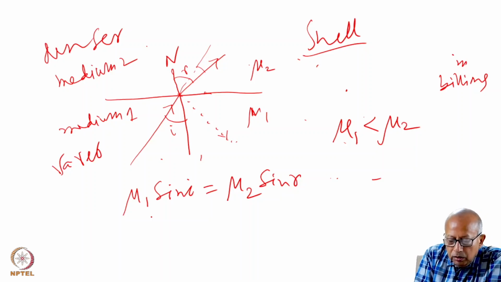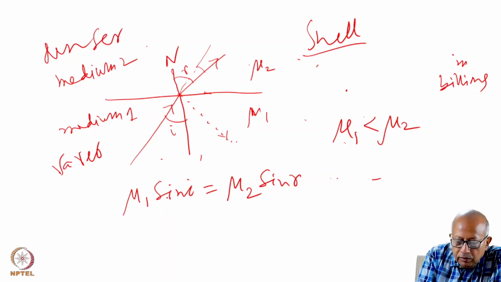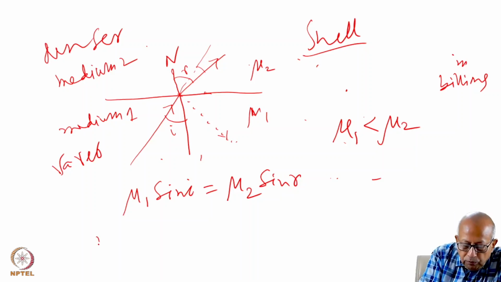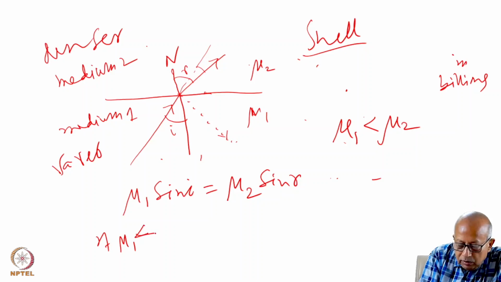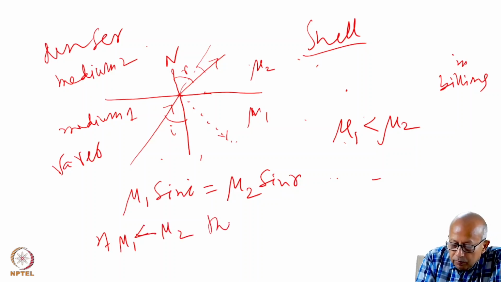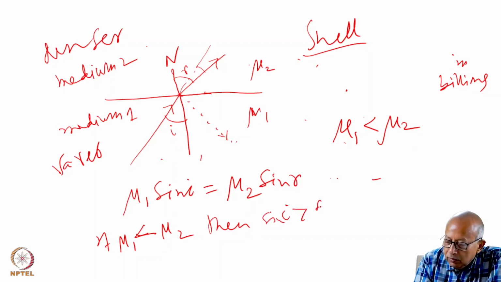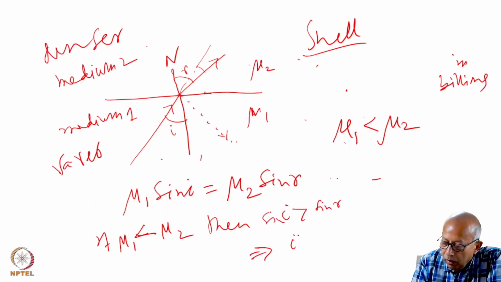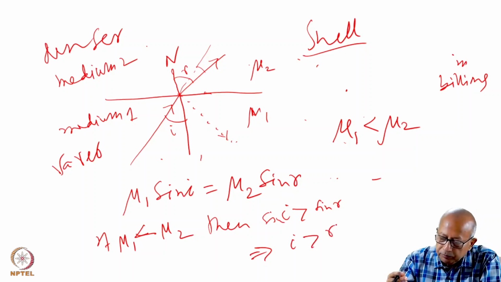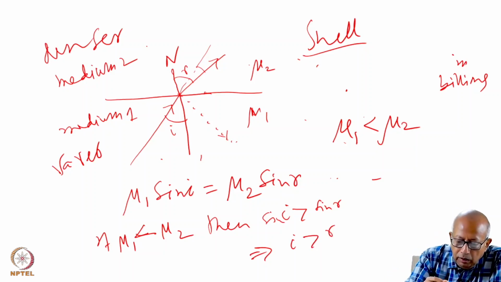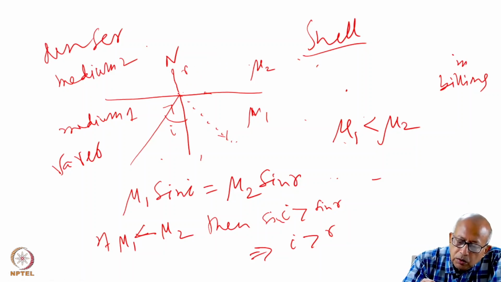So from this equation, you can clearly see that the product mu1 sin I should be equal to mu2 sin R. Now if mu1 is less than mu2, then sin I must be greater than sin R, or I must be greater than R. So if light travels from rarer to denser medium, then this beam will bend towards the normal. So this will be R.